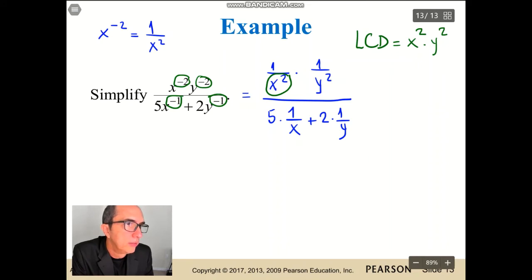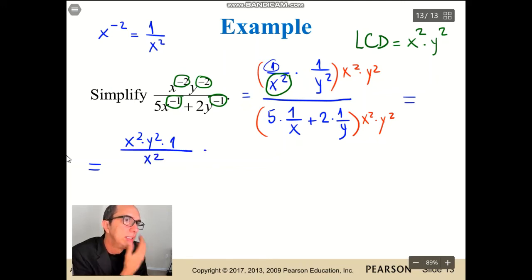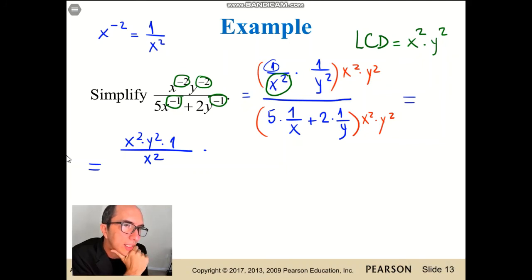Let's multiply on the top by x squared times y squared, and on the bottom by the same, x squared times y squared. Let's do it step by step. So I'm going to rewrite everything here, x squared times y squared times 1 over x squared times, and actually you can put all this together.